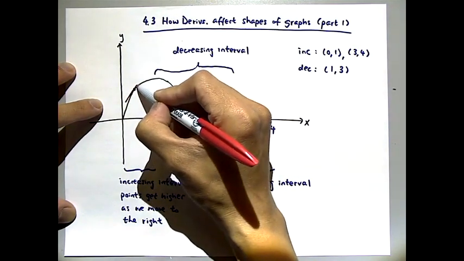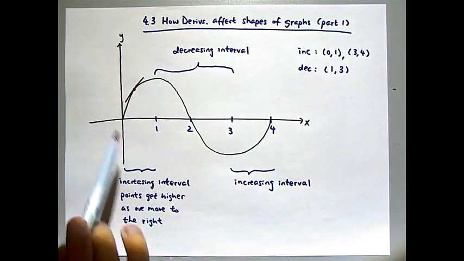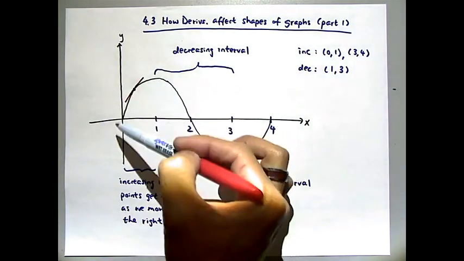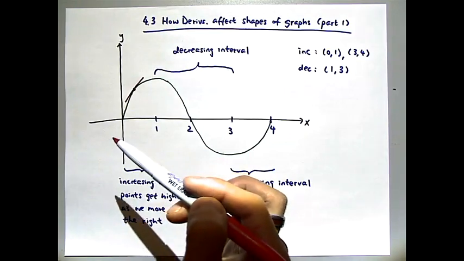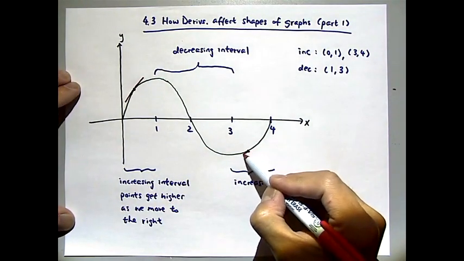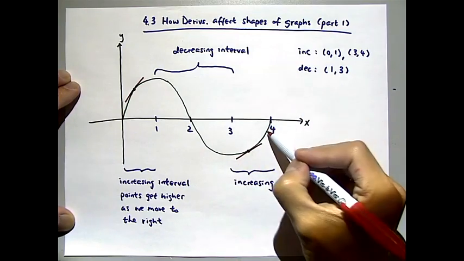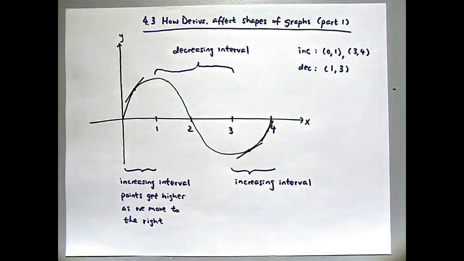If I choose a random point there and sketch the tangent line at that point, notice that anywhere on an increasing interval, the tangent line has a positive slope. Same thing here. If I go to an increasing interval, anywhere I sketch a tangent line, it'll have a positive slope.